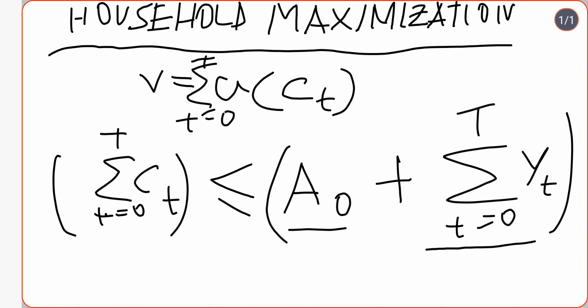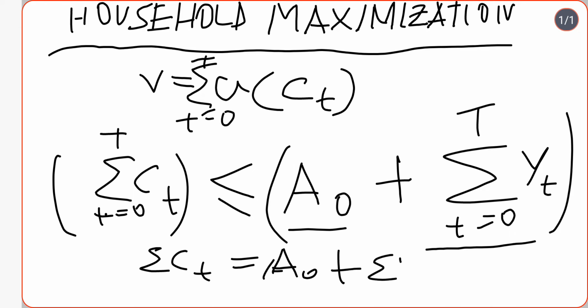So this is the inequality form. But if we have to form the constraint, then we have to take the equality form. Then we can write that summation Ct is equal to A0 plus summation yt. So this is basically our constraint form.